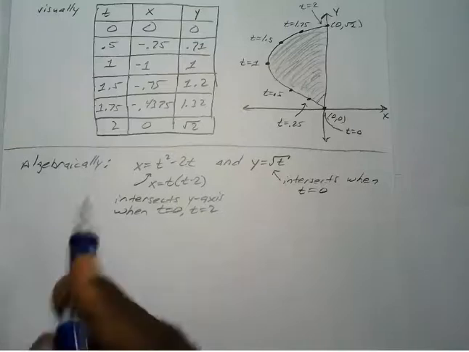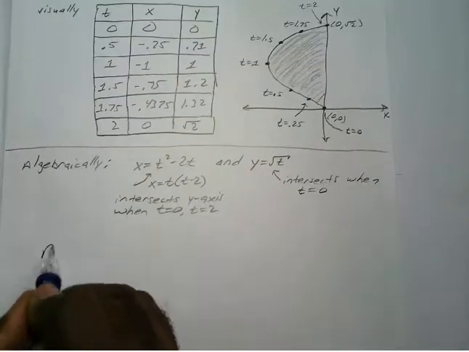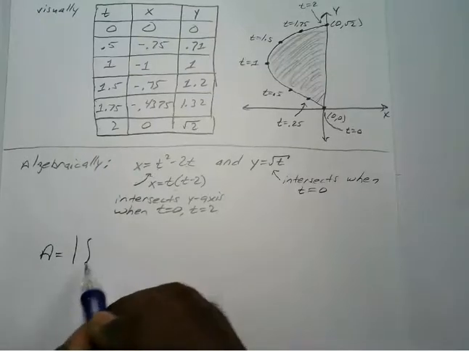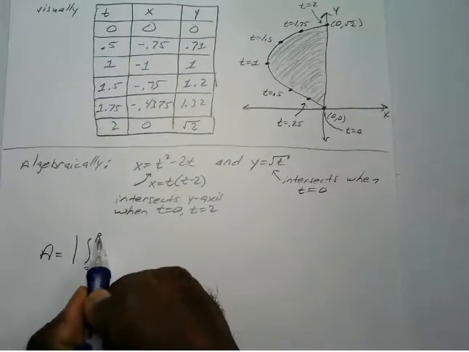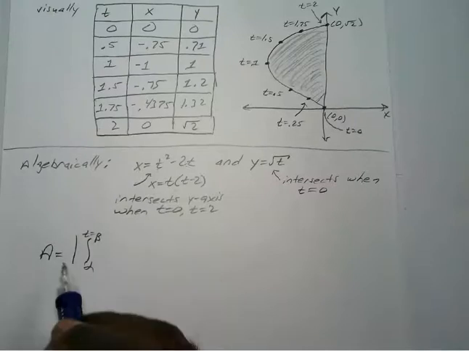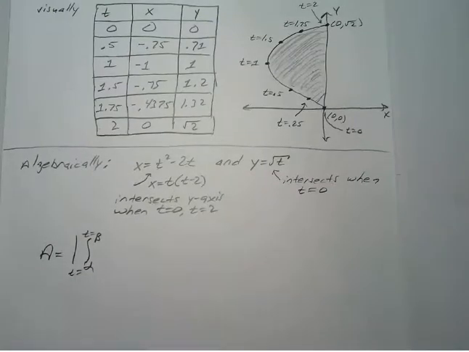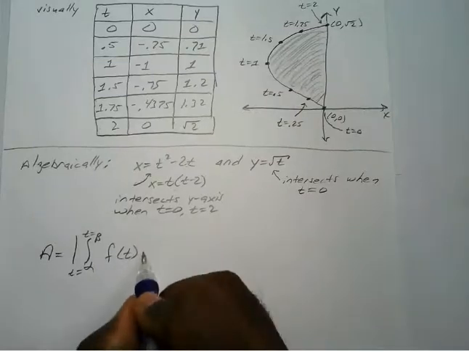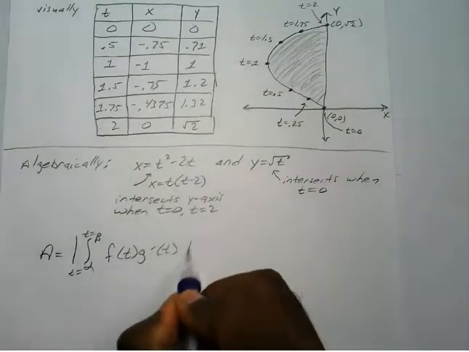All right, so that means our area is going to use the formula from t equals alpha to t equals beta of f of t g prime of t dt.